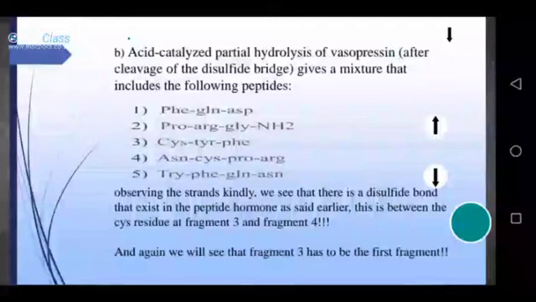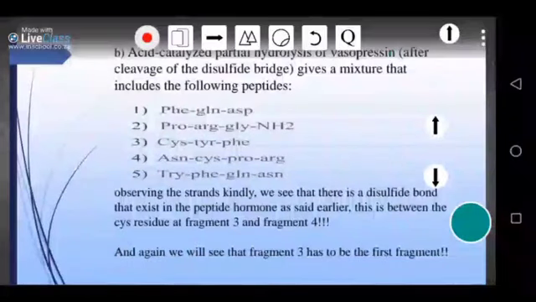The second thing to have in mind is that the acid partially hydrolyzes the hormone and not completely. That is why some amino acids are common within the fragments. So we're going to use the knowledge of overlapping strands to answer this question.